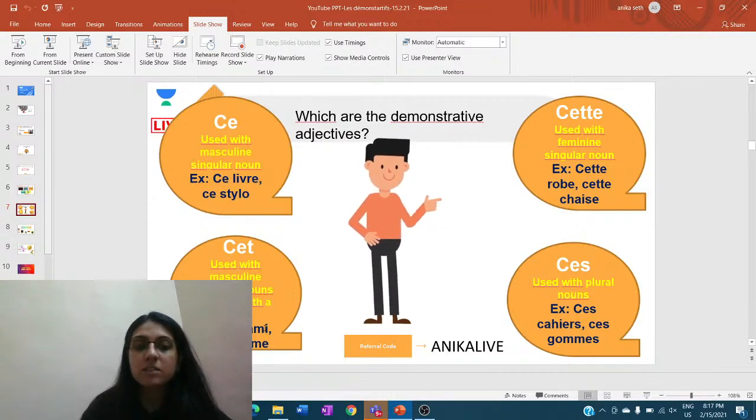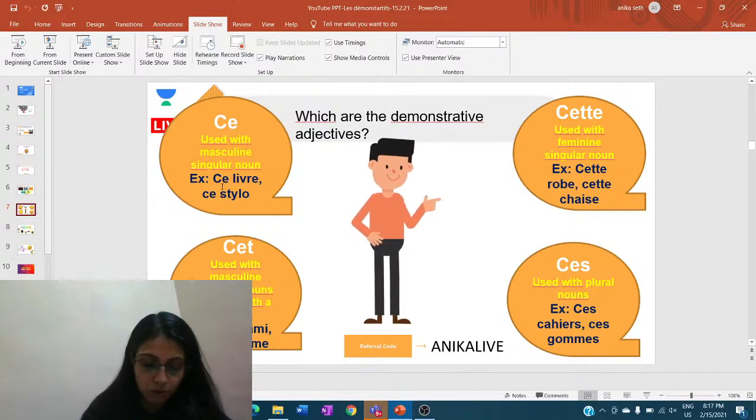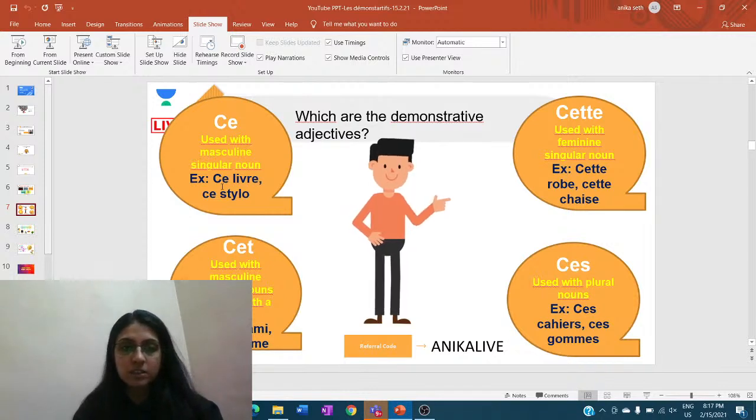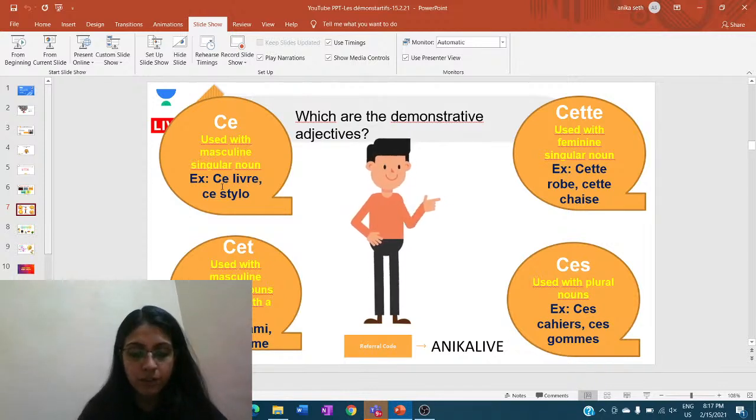Now after this, my question is that why do we use CET with the masculine nouns starting with a vowel? Why can't we use CE only as the demonstrative adjective? Because we already said that there is a demonstrative adjective for masculine singular nouns. So why don't we use it with these kind of nouns also which are starting with vowel and which are masculine? So yes, put your answers in the chat box, everyone.